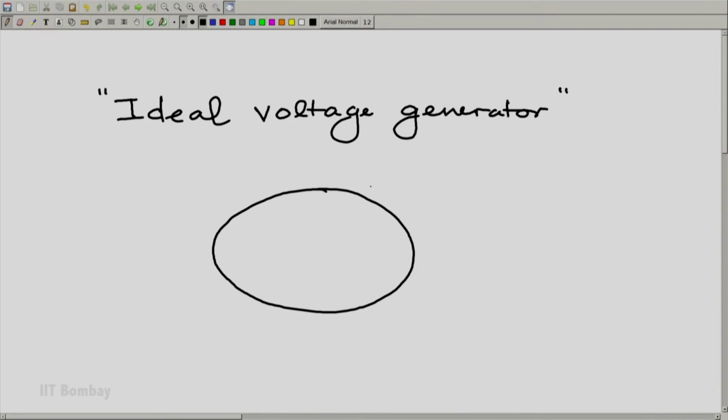So, you see, what is important is to visualize here a rate of change of flux. So, let us assume you have a magnetic field coming out of this paper. So, you could show the magnetic field with dots or crosses.